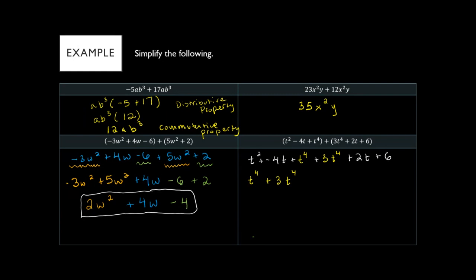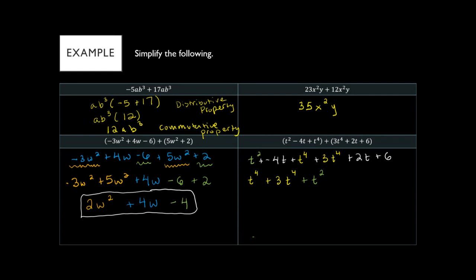And then our next highest exponent is the t squared. So that's right here. And then we don't have anything else with the t squared. So I'm just going to write plus t squared. Then the next thing is we would want to have the t.